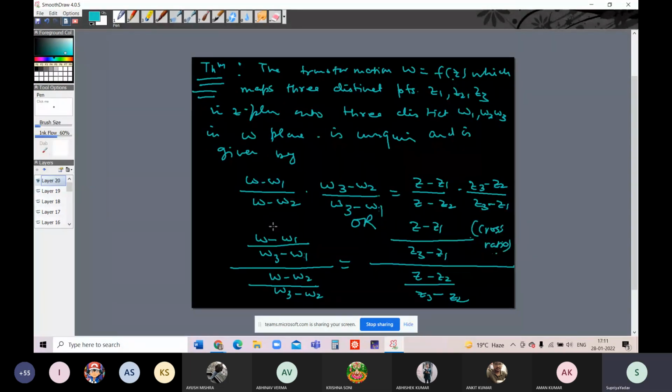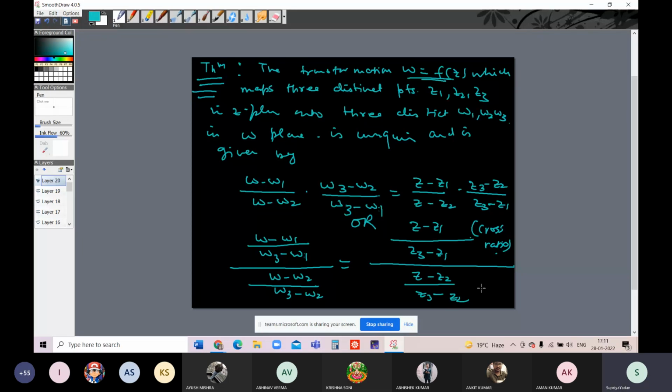So if Z1, Z2, Z3 are distinct points in the Z plane, and correspondingly under the same map its images W1, W2, W3 are also distinct points in the W plane, then this map will be unique, and it is given by this.